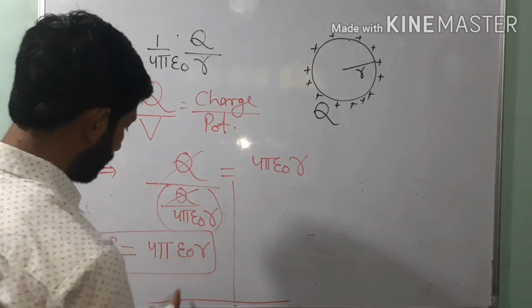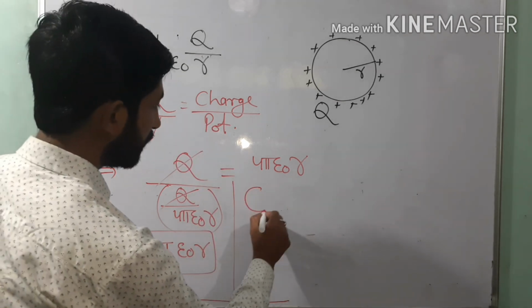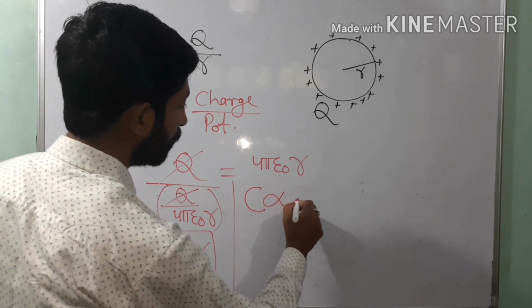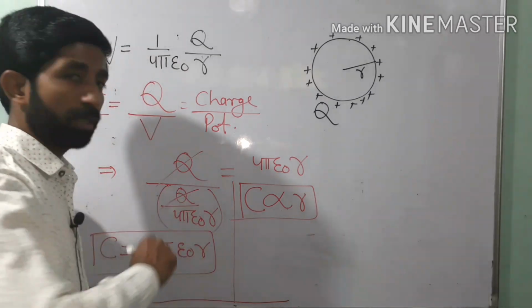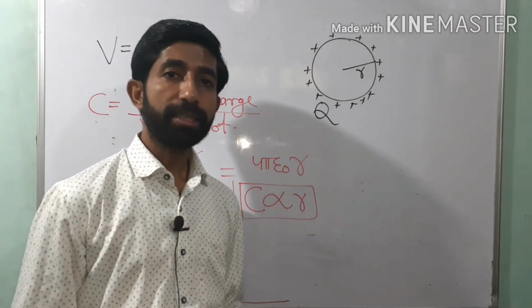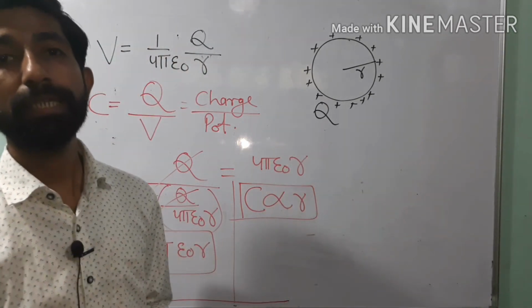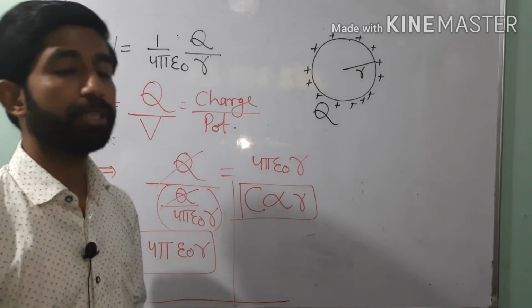This is giving us that C is directly proportional to the radius of the conductor. The larger the conductor is, the more will be its capacity to store charge.